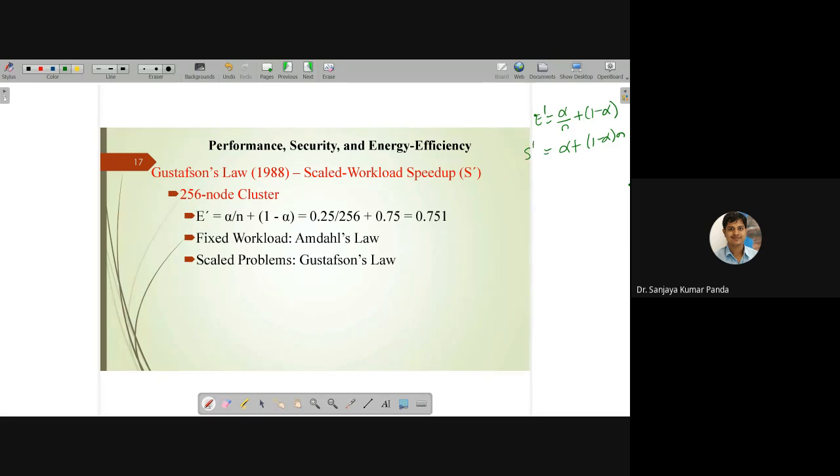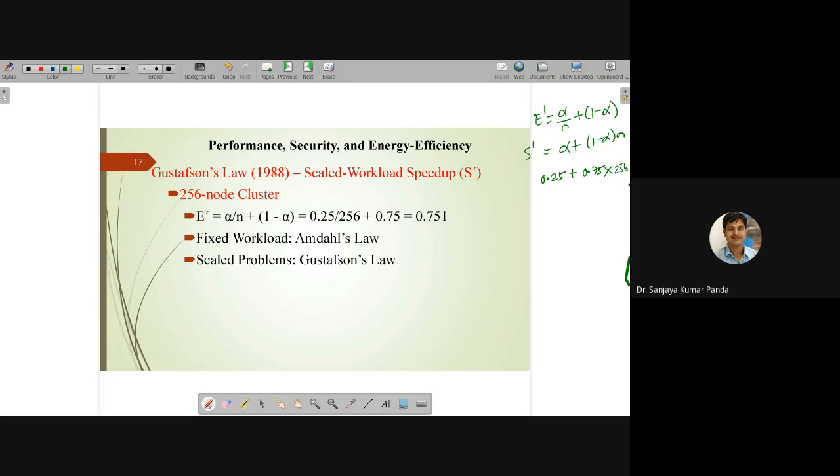Now, if the number of nodes is 256, so n value is 256, and let's say 0.25 of the code is sequential and 0.75 of the code is parallel. So alpha is 0.25, and 1 minus alpha is 0.75 multiplied by n, where n is 256.